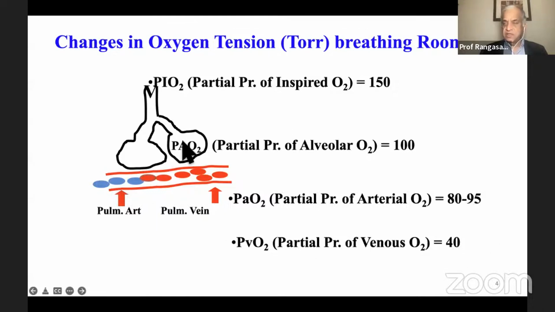It picks up the oxygen, and by the time it gets to the arterial side, the PaO2, small a, partial pressure of oxygen in the arterial blood, is about 80 to 95. So the AA gradient, uppercase A PO2 minus small a PO2, is usually about 5 to 20. In very healthy babies it's 5, but most babies have 10 to 20 difference because of the physiological shunting, which is the main reason, and dead space.